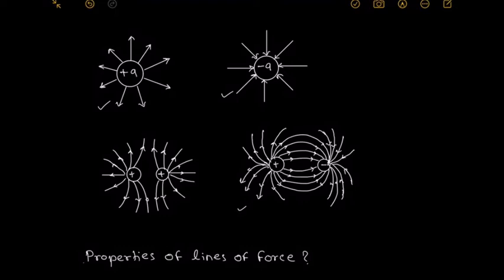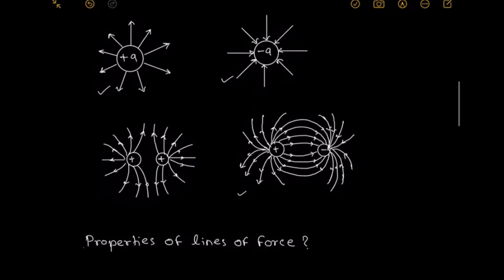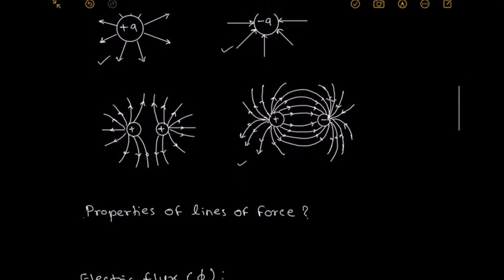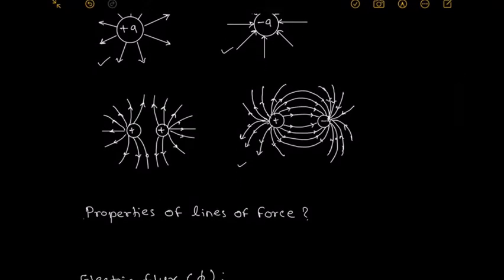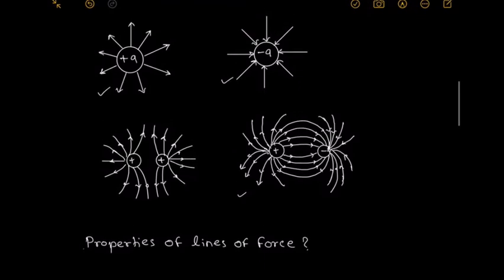These lines of force satisfy different properties. Hence, we have to see what the properties of the lines of force are. Now, from that figure, the first point we note, which is one of the properties of the lines of force, is that they are continuous, smooth curves without any break.